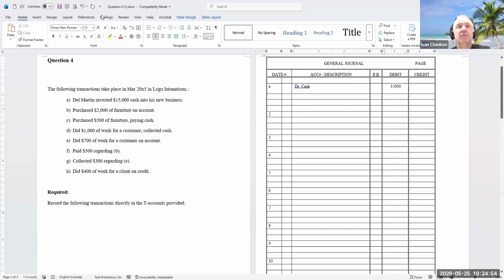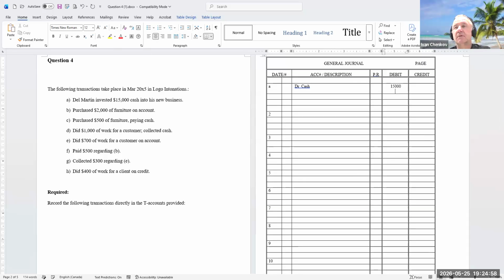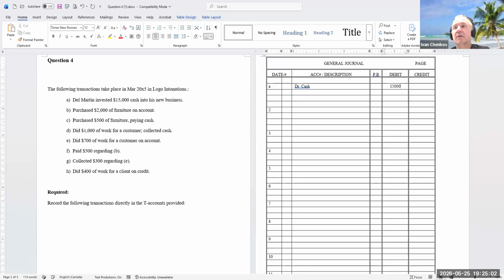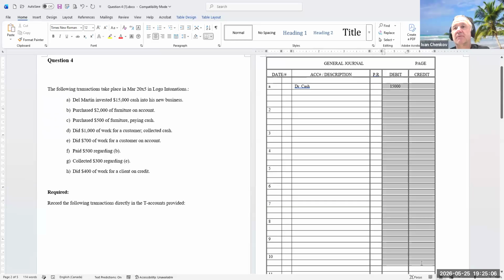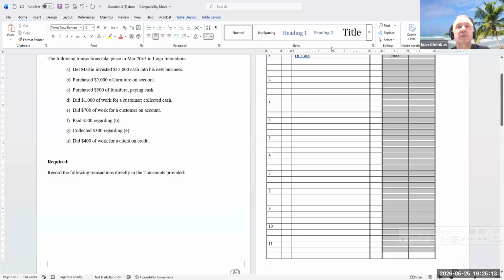So once you do this, what you can do is 15,000. That should be straightforward. I'm going to format this one. You don't have to do this. I'm going to format it so you can see it as a normal amount here.